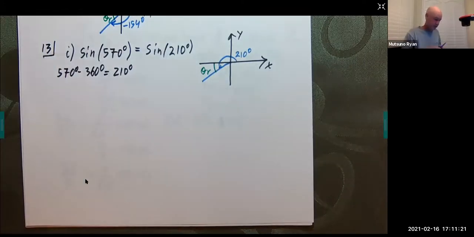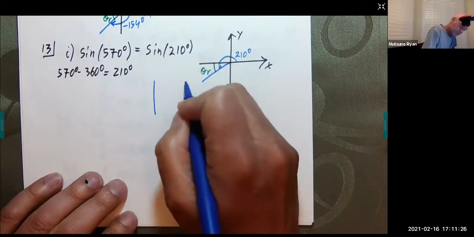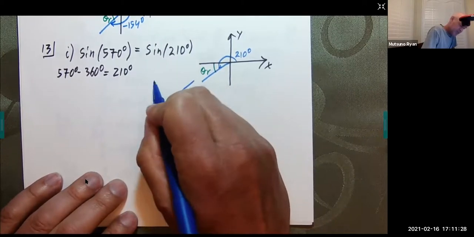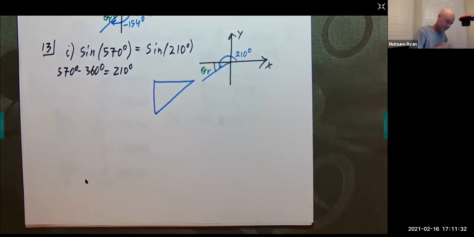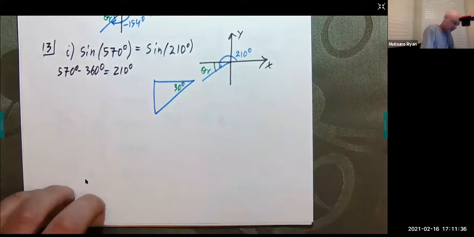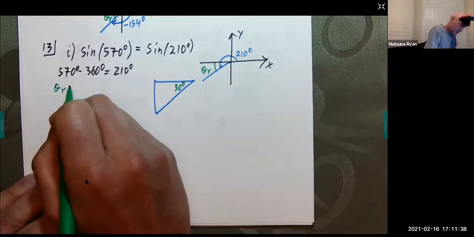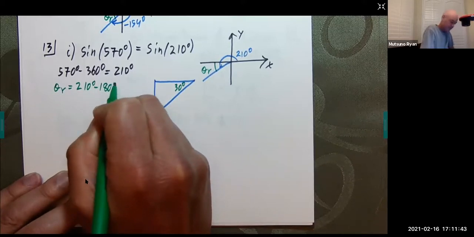So let me draw out the triangle that we're looking at here. Here's my 30-degree angle. And again, I got that theta sub r is 210 degrees minus 180 degrees.